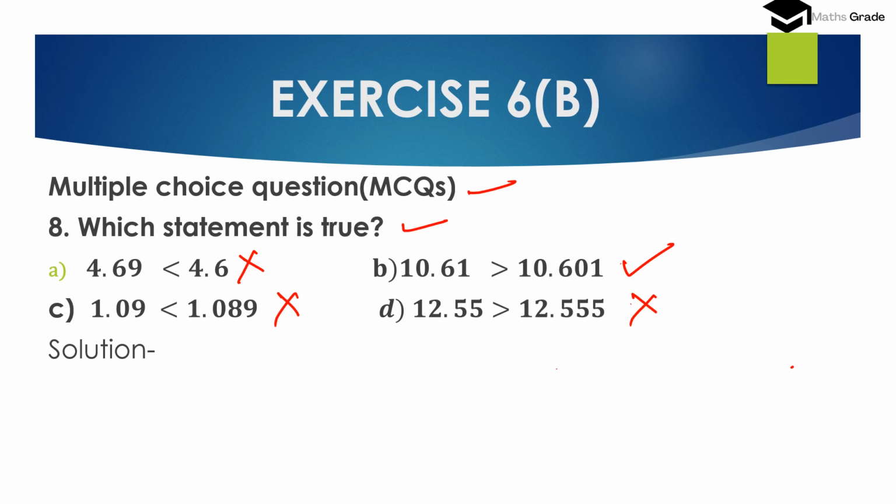So option B is the correct one: 10.61 is greater than 10.601, this is true.